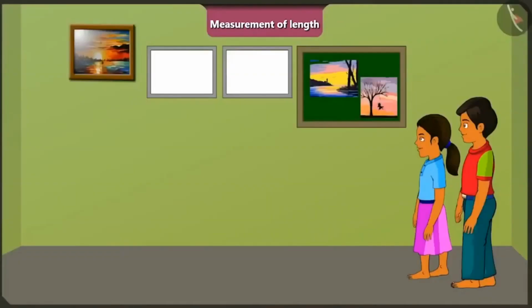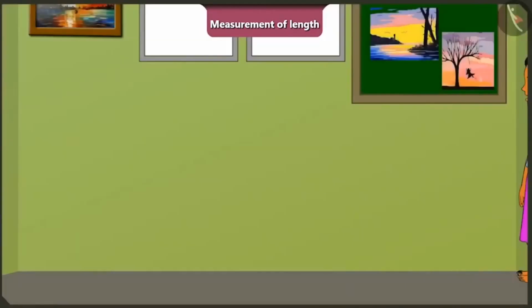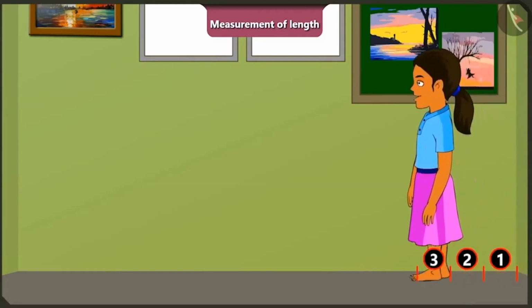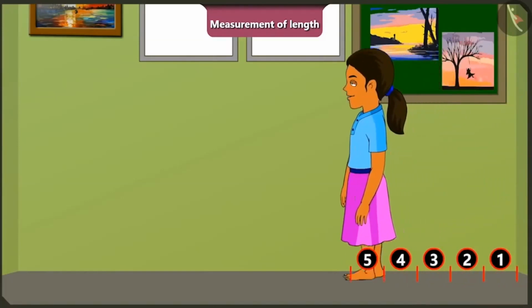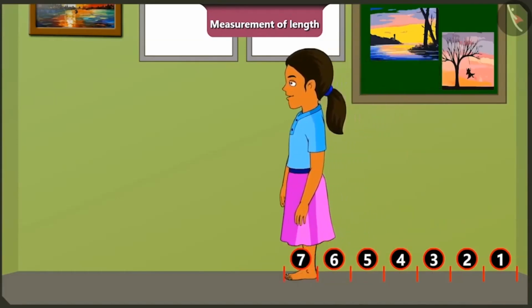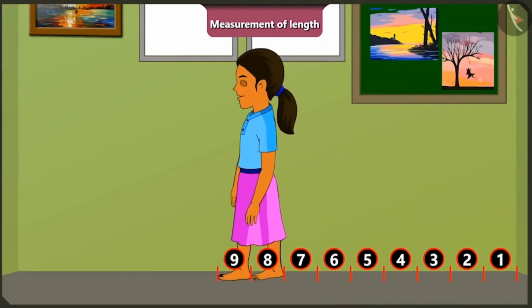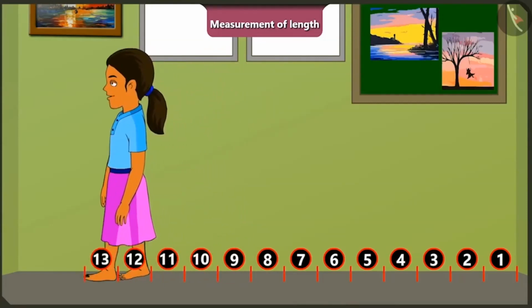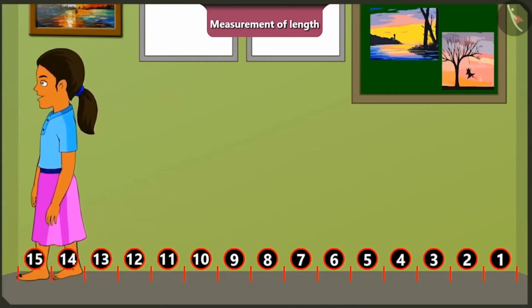Mintu, how will you measure the length of the room from here till here? With my foot length. See, if I measure the length of the room with my feet, then the length of the room is 1, 2, 3, 4, 5, 6, 7, 8, 9, 10, 11, 12, 13, 14 and 15.